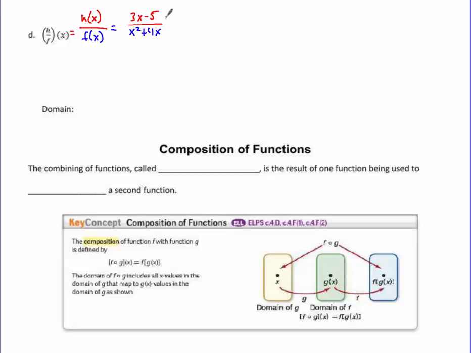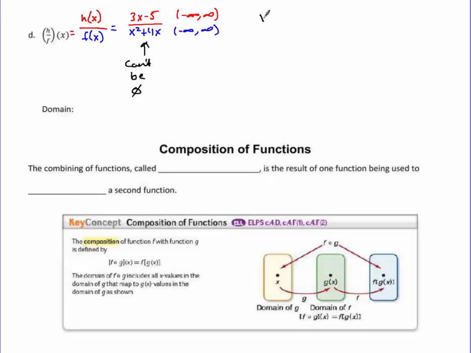Okay, so the domain for this one is negative infinity to infinity, and the domain for this bottom is negative infinity to infinity. But we got to rule out what would make this 0, because this can't be 0.